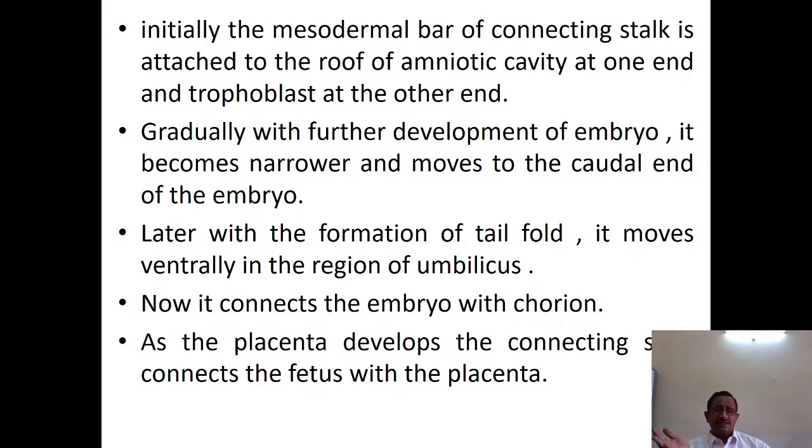See, it is in the caudal end. As the tail fold occurs, it comes into the ventral region, that is onto the abdominal wall in the region of the umbilicus. Now it connects the embryo with the chorion. As the placenta develops, the connecting stalk connects the fetus with the placenta.